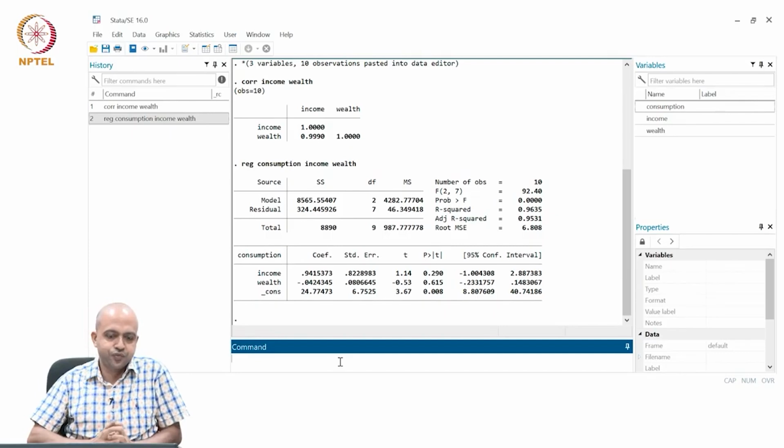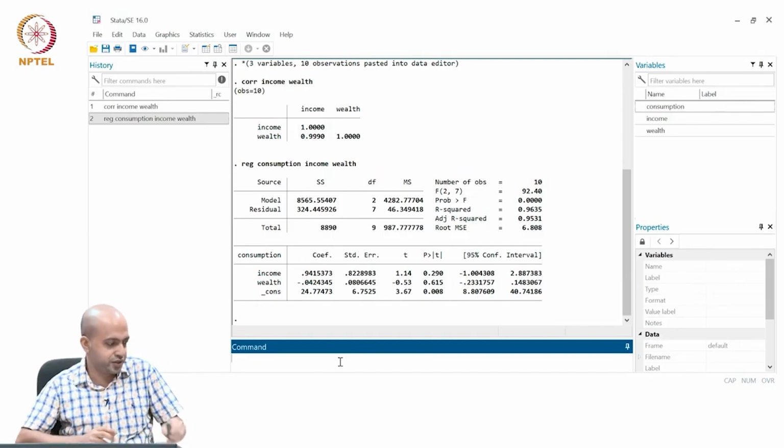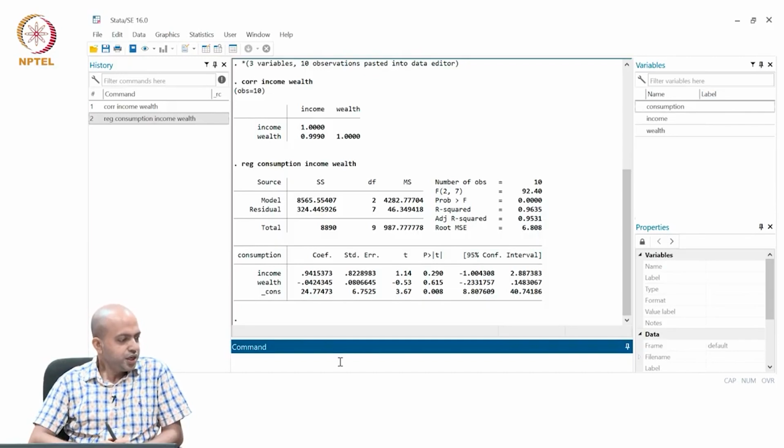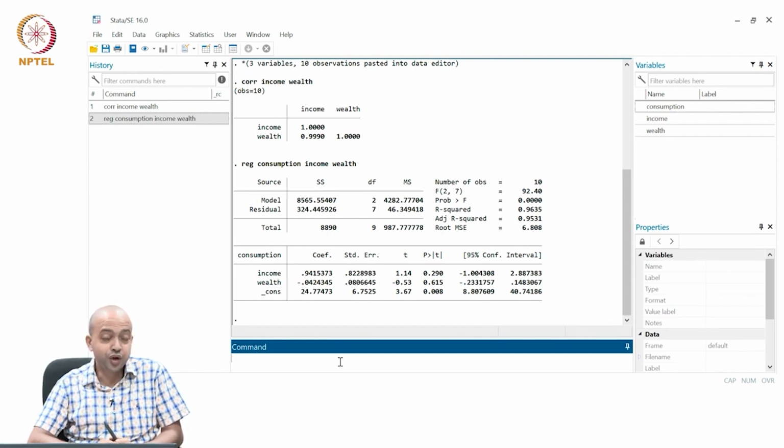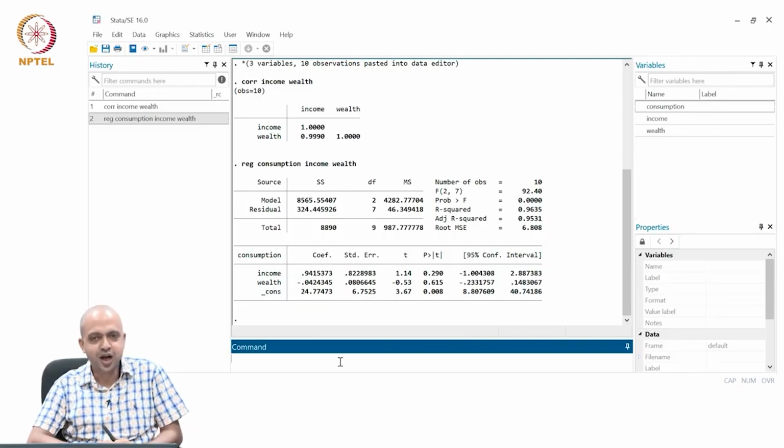Now, look at what are the consequences of multicollinearity as we discussed yesterday. Your income variable is insignificant. What is the p value? 0.290. If you multiply that by 100, that would become 29. So, that means I cannot say that the variable is significant.